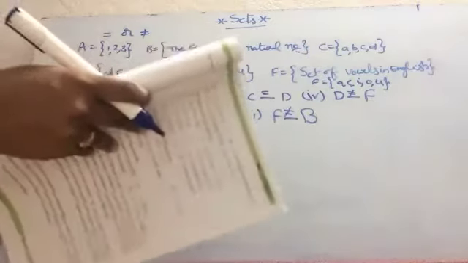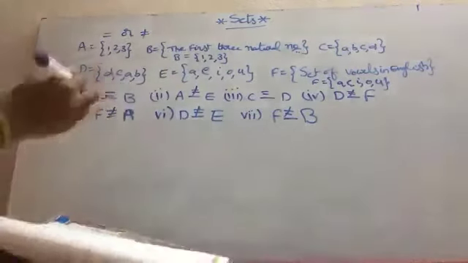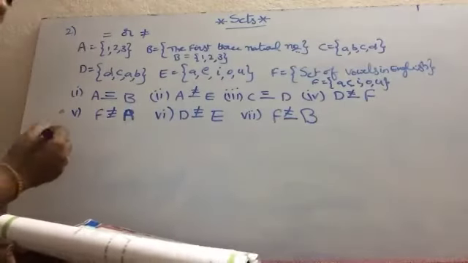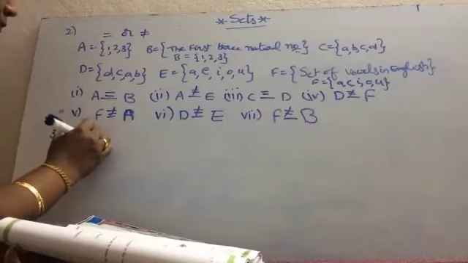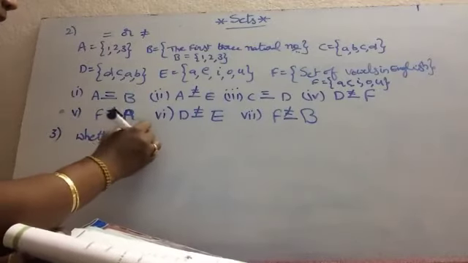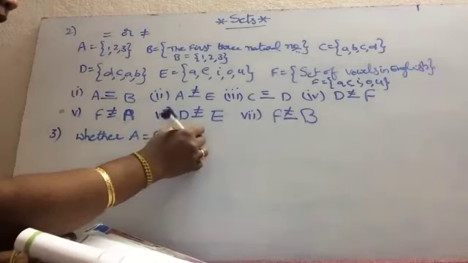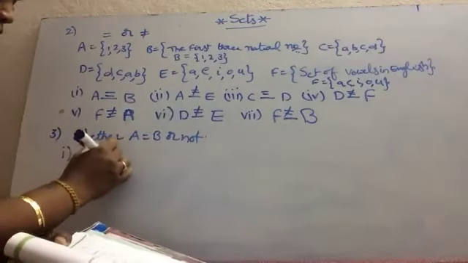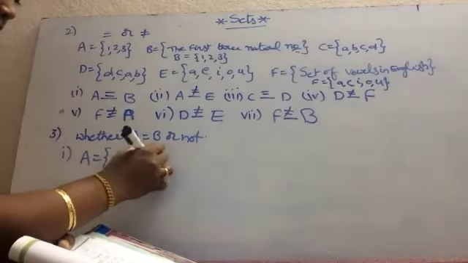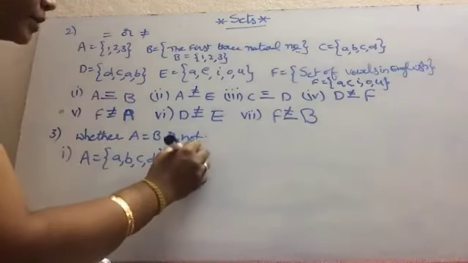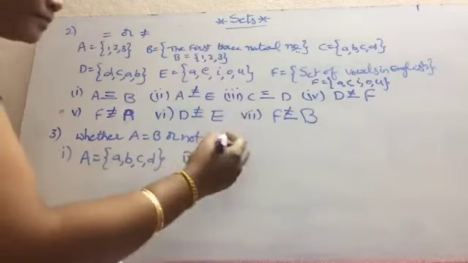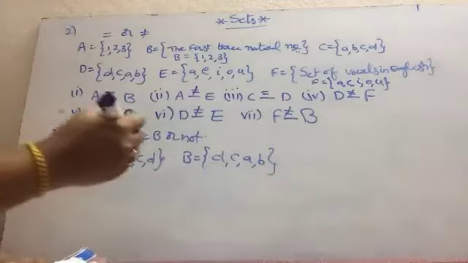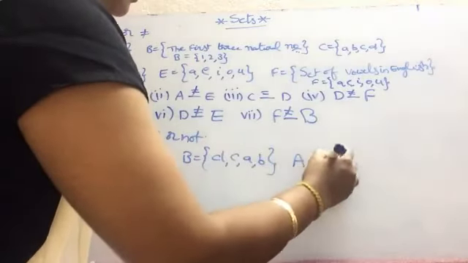And next one, in each of the following statements, check whether A equal to B or not. First one, A equal to {A, B, C, D}, B equal to {D, C, A, B}. So here A equal to B. Why?